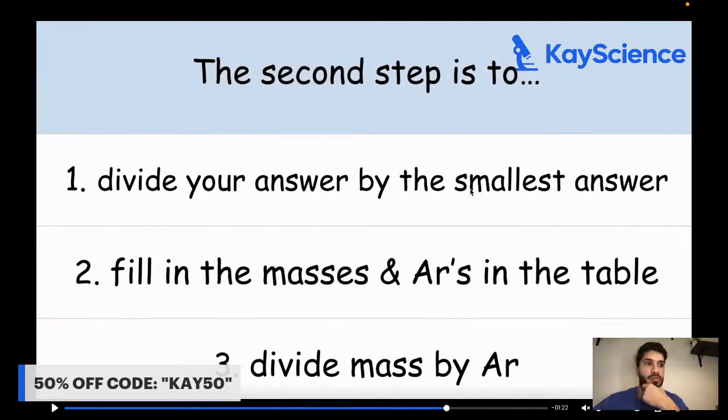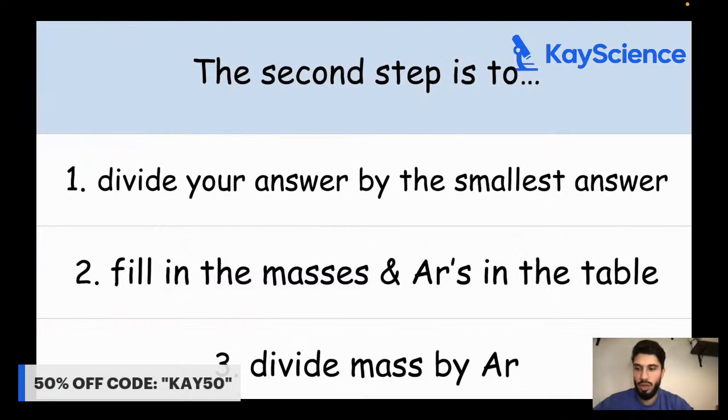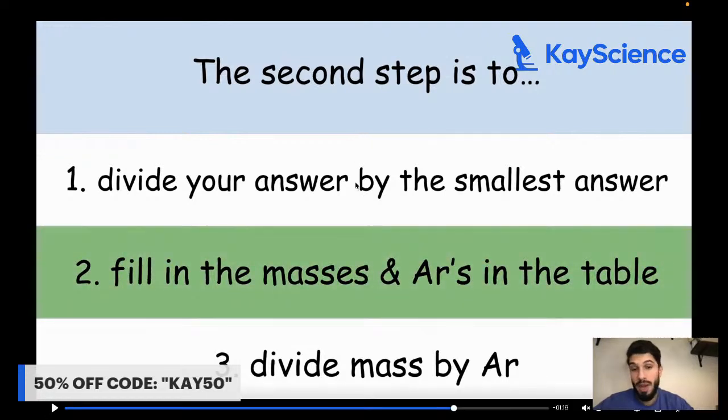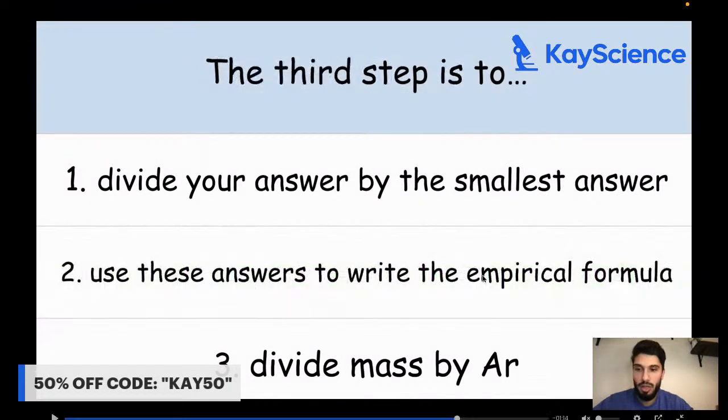Is it 1, 2, or 3? Well done, Amal. The second step is number 2 again: fill in the masses and relative atomic masses in the table. At this point, you still haven't got any marks, but this is helping you get there.